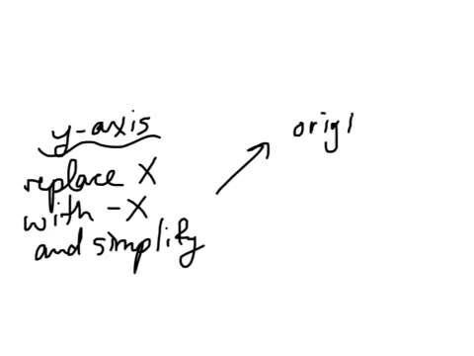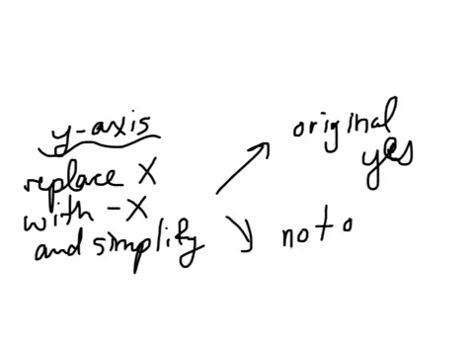Original, then it's yes. Not original, and it's no. Okay, I tried to just simplify it or make it a little bit easier, put it in a little bit different terms, but it's the same kind of concept.